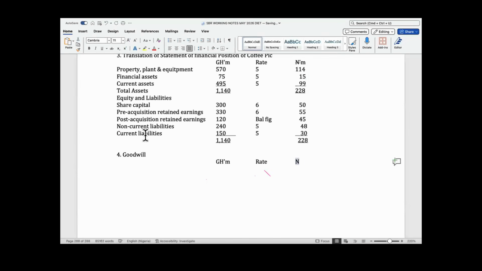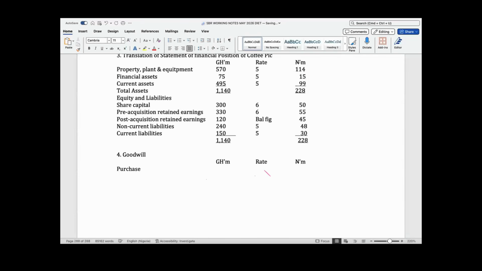Why? Because goodwill is computed at the date of acquisition, and because of changes in exchange rates, there will be an exchange difference on that goodwill. That was how I taught you last week.